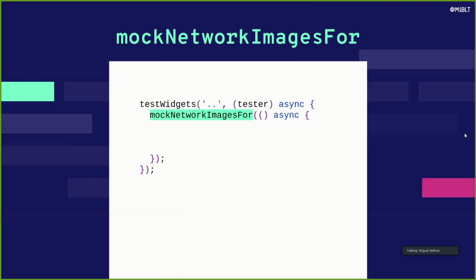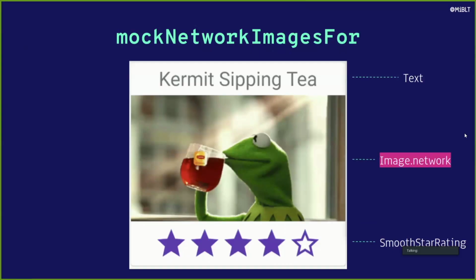It's time to talk about these mock network images that you saw during the talk. We have seen that we need to add mock network images to our test. And as you can guess, the reason is because we have network images in our widgets. Our GIF score widget has an Image.network widget in it. If we run the test without that, then we get an HTTP exception.